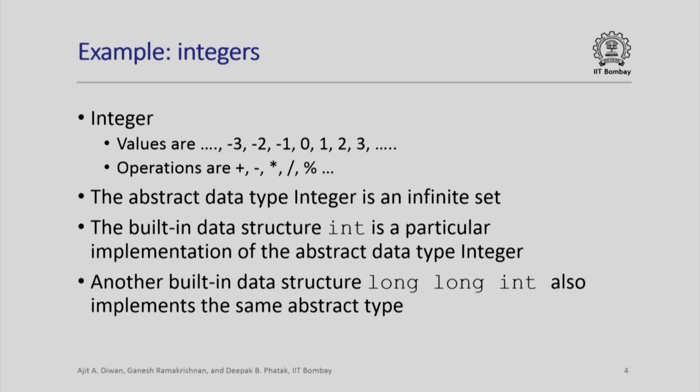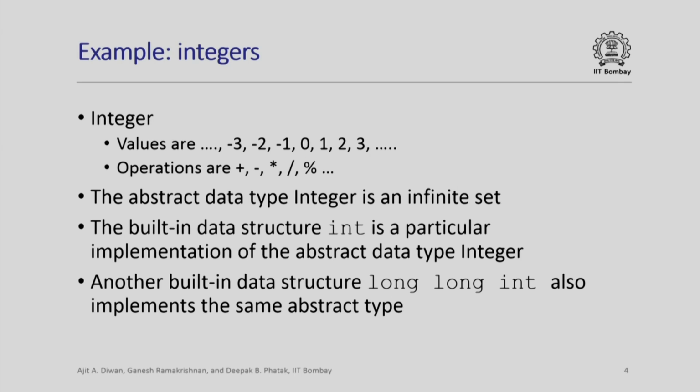So, it is a particular implementation of the abstract data type integer. However, when we want to work with integers, we do not really care about this restriction. We think of integers as abstract objects on which you can do arithmetic operations and other operations, and then choose the appropriate data structure for representing integers so that our operations work correctly.